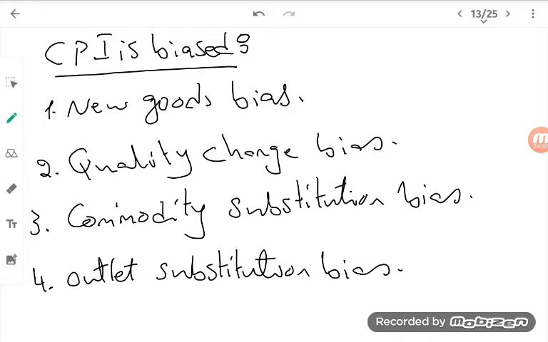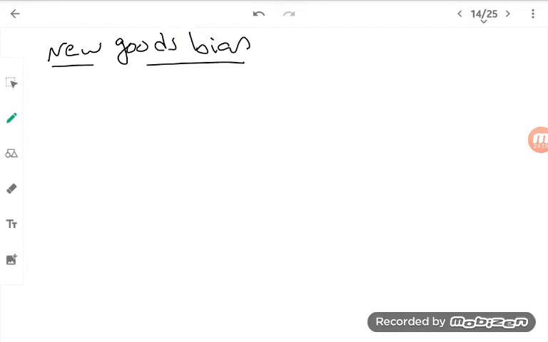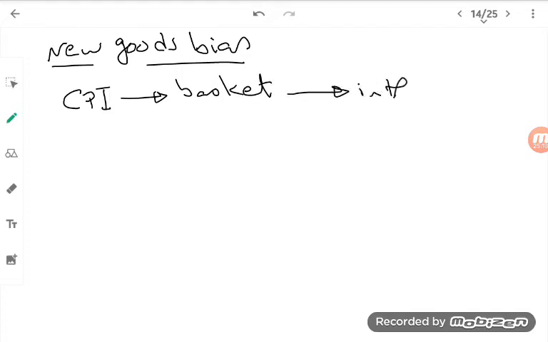Okay, what's meant by each one of them? Number 1, new goods bias. As we said before, in the calculation of CPI, the basket of goods and services will be selected in the base year.